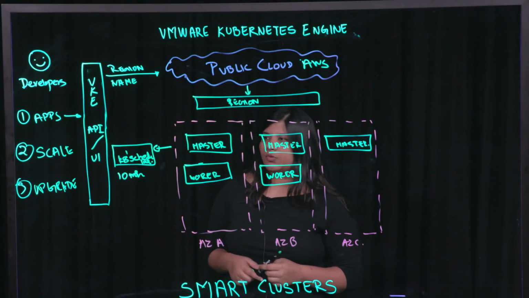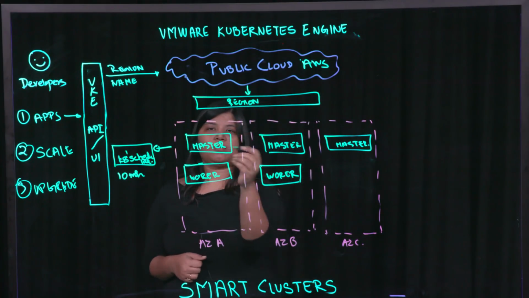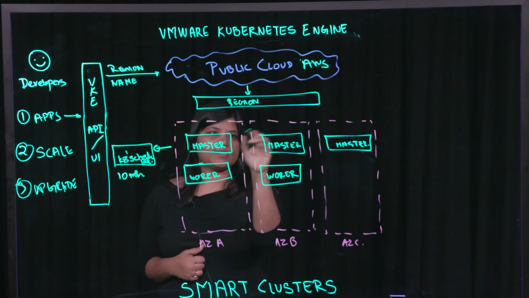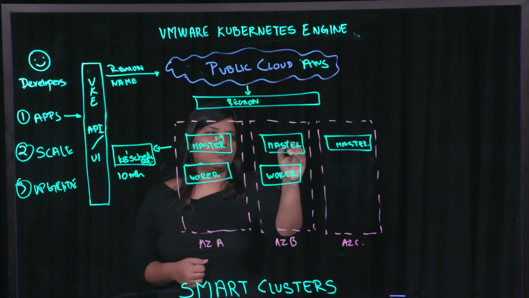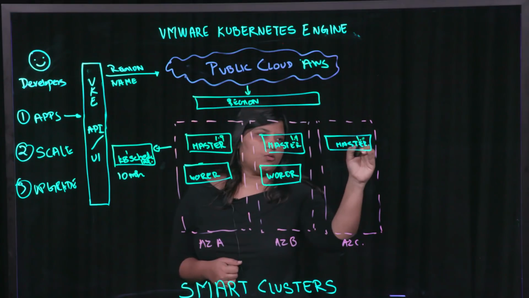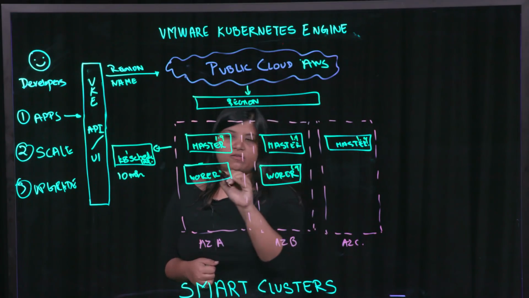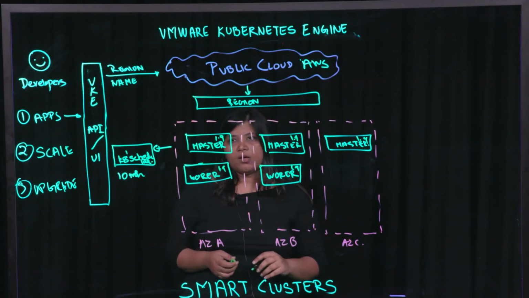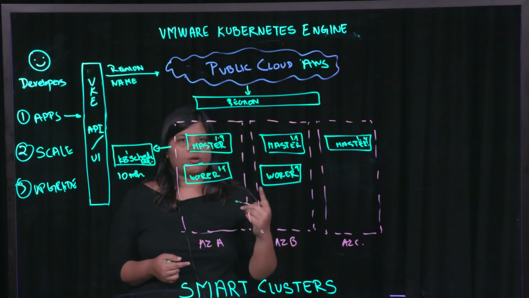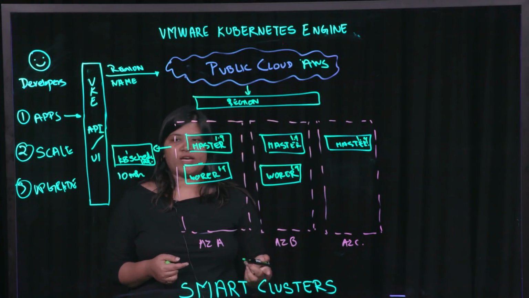Let's say you have a K8 cluster that has version 1.9 on each of the nodes in it, and the developer wants to upgrade these to 1.10. VKE will start applying those upgrades in a rolling fashion.